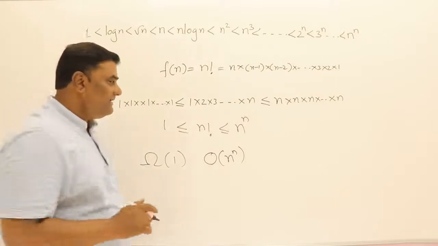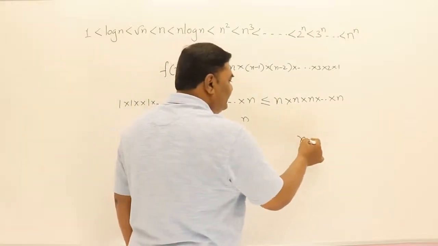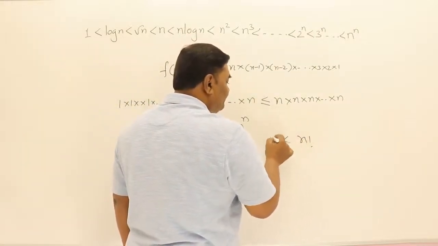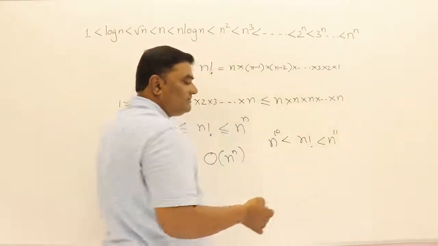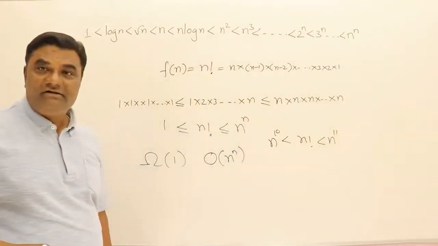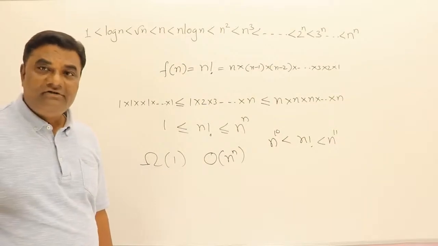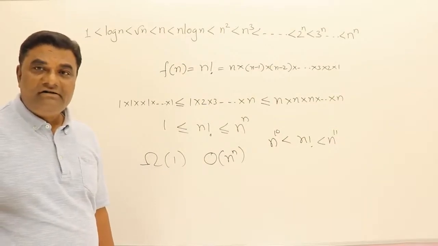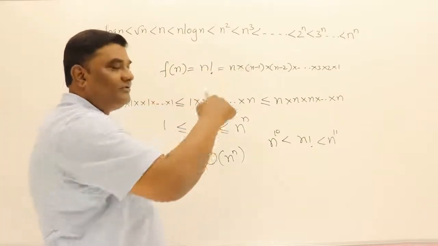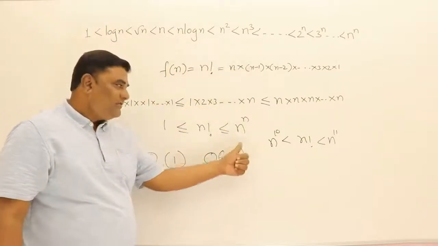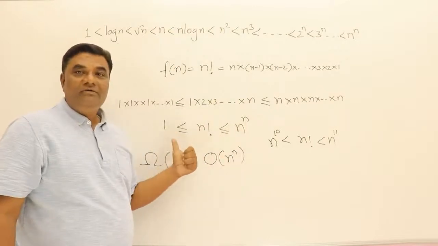You cannot say that n factorial is always greater than n power 10 and less than n power 11. You cannot find a place for it. So it is greater than or equal to 1 but less than or equal to n power n. The upper bound is n power n and the lower bound is 1.